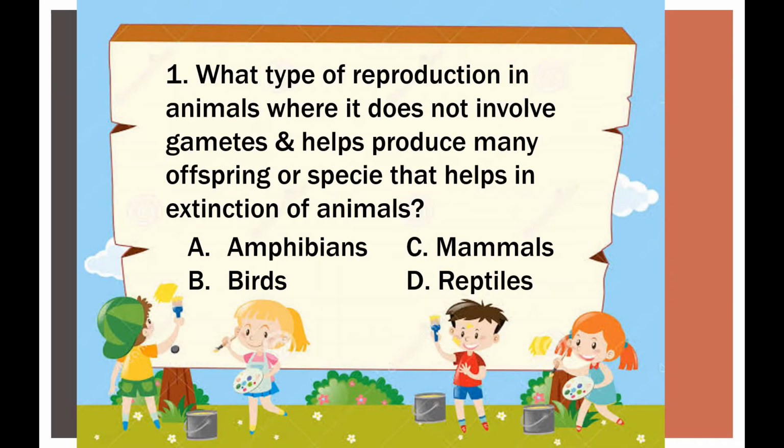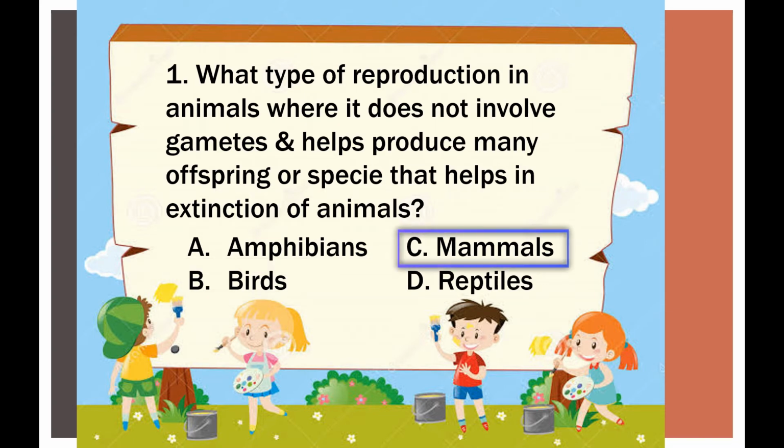Number 1. What type of reproduction in animals where it does not involve gametes and helps produce many offspring or species that helps in extinction of animals? Letter A, amphibians. B, birds.